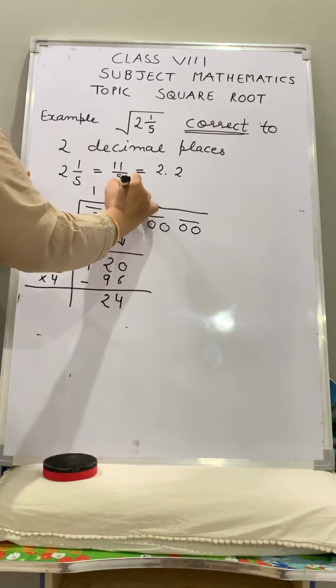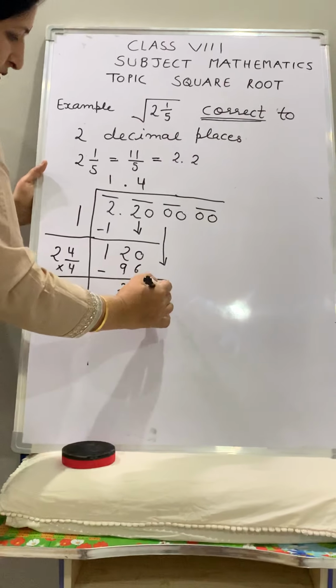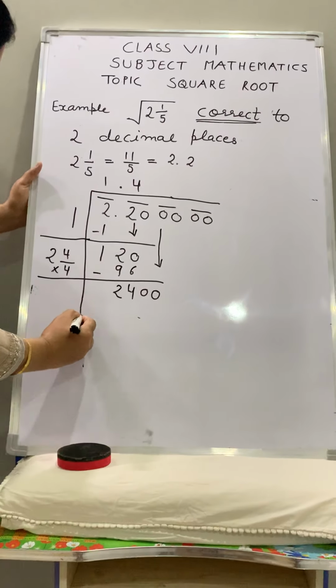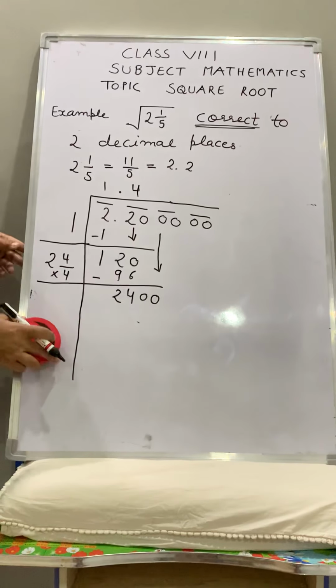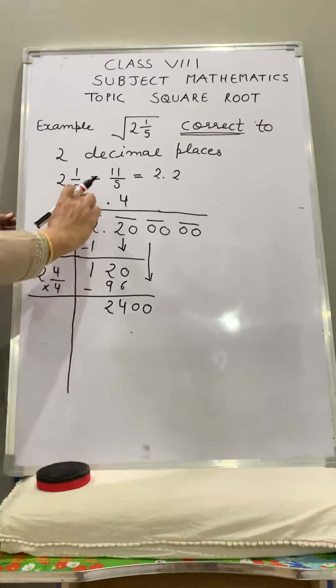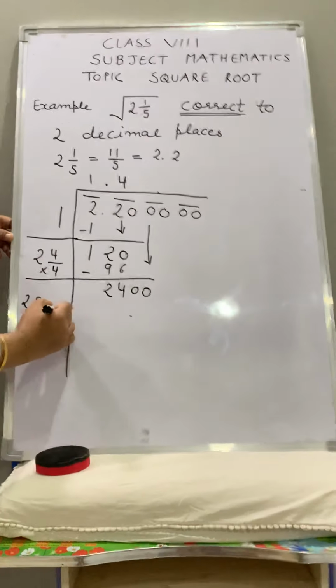Now we will write here 4. Now bring down the next period. The new dividend will become 2400 and the next divisor will be double of 14 is 28 and 1 filled up.